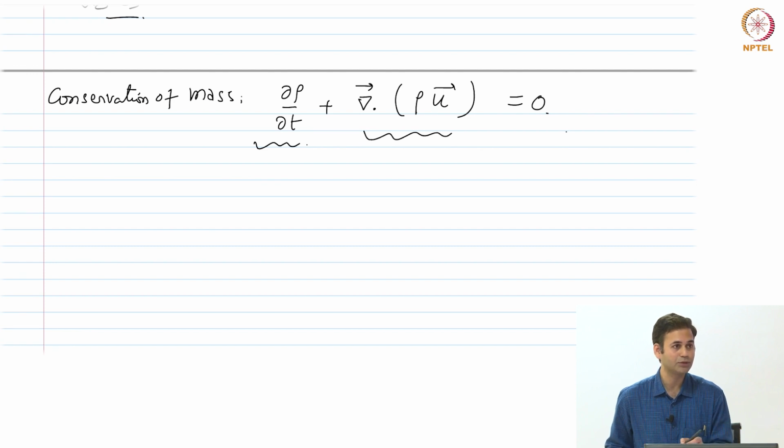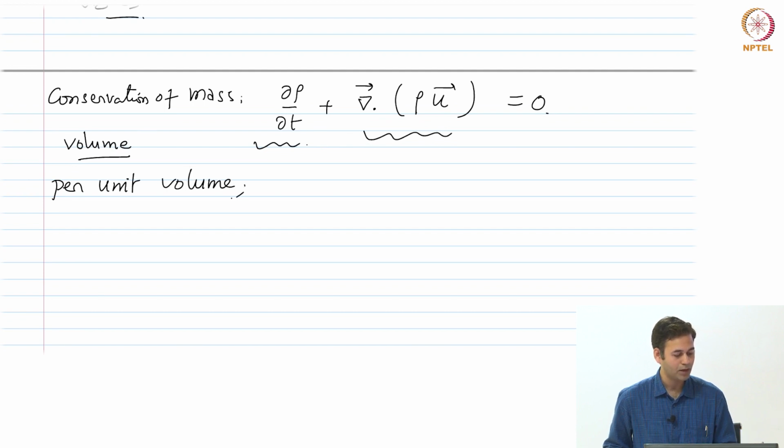These two together constitute 0, because the mass is conserved in this flow. Now, remember, this equation is developed per unit mass or per unit volume? This is developed per unit volume. So, we would be developing the momentum and the energy equations as well on a per unit volume basis.